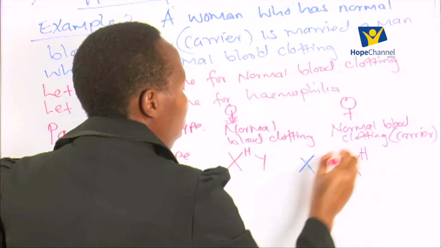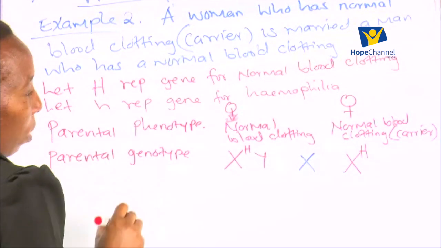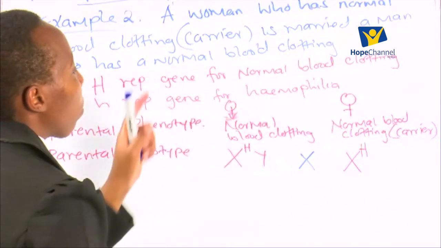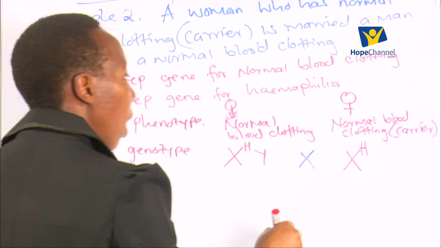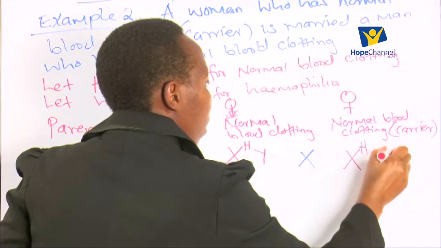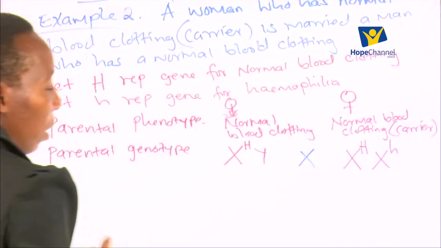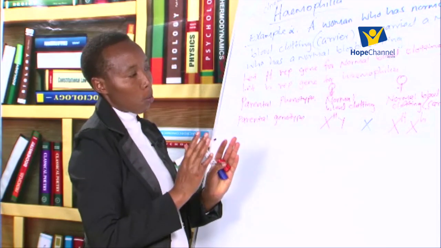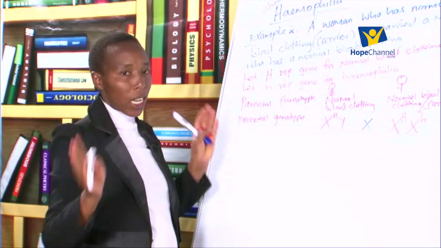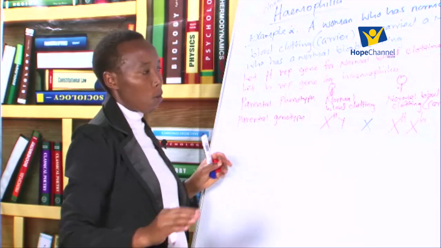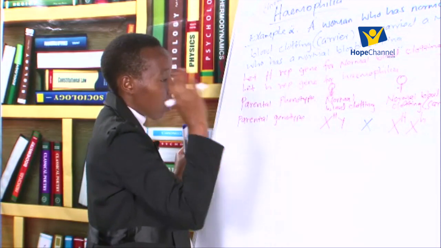Normal blood clotting means the gene for normal blood clotting must be there. But the person is carrying a recessive gene. Remember, this is a girl born from a family of only girls, and they all have a normal blood clotting system.